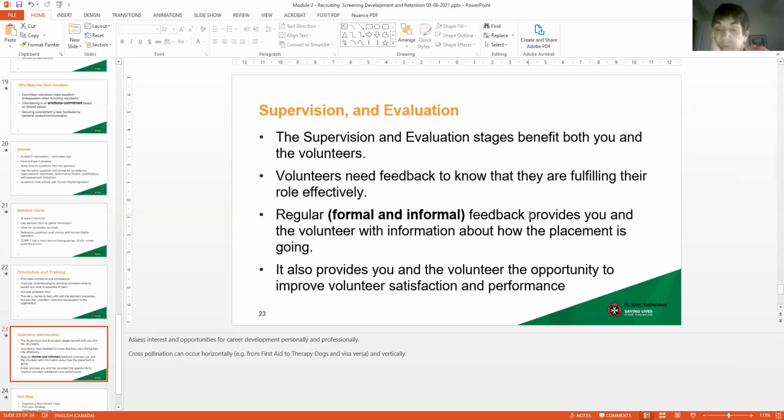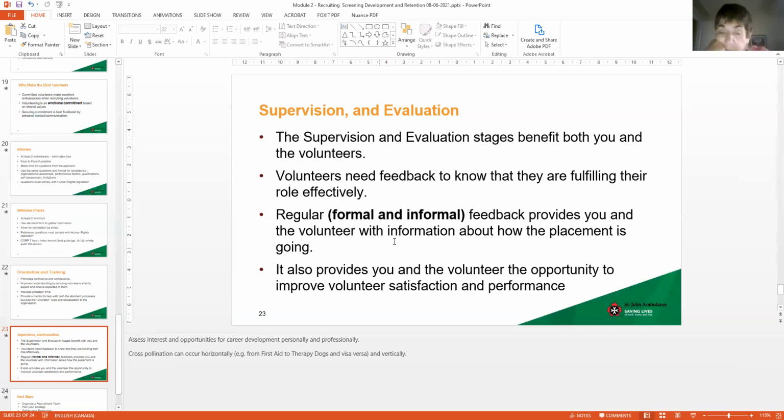Yeah, regular formal feedback provides you and the volunteer with information about how the placement is going. Start the feedback about you and the volunteer with... Information, I can't think of a better way to put that.